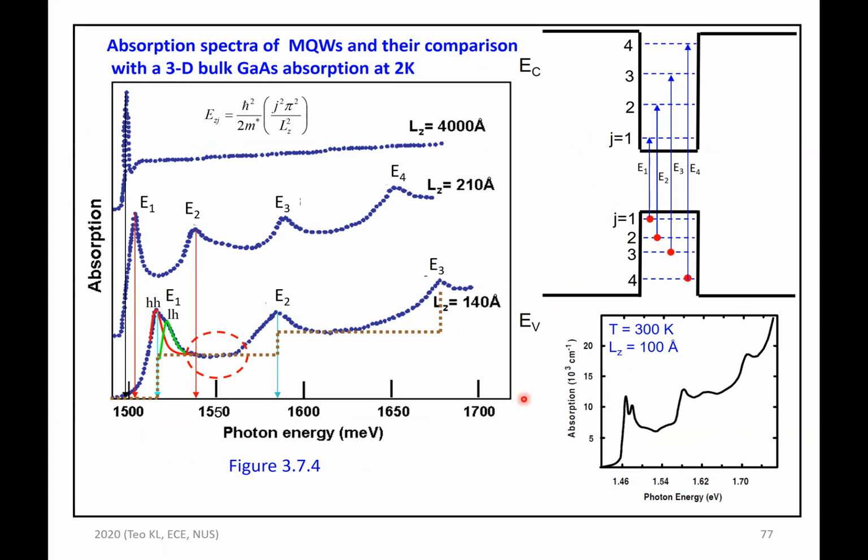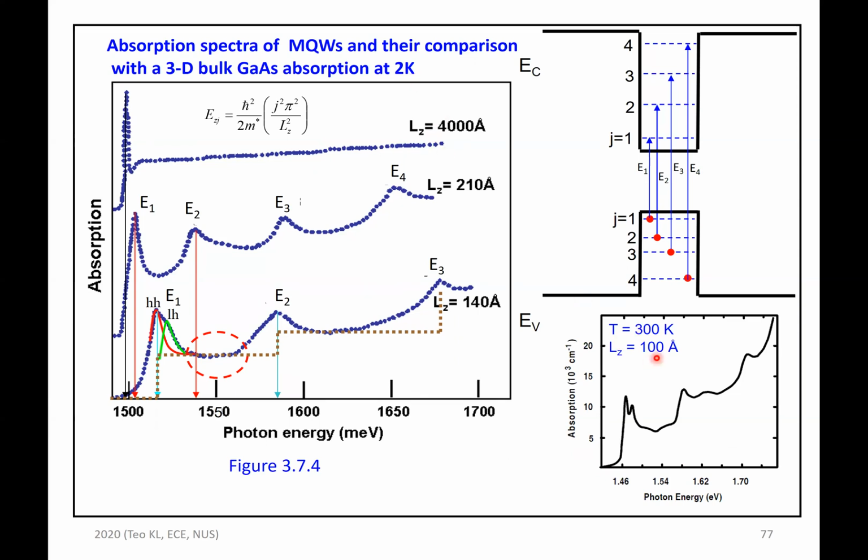Now, as the technology improved in terms of detectors, and high quality films can be deposited due to the improvement in the growth chamber, you can even measure absorption as a function of photon energy for aluminum gallium arsenide at room temperature, 300 Kelvin, compared to 2 Kelvin.